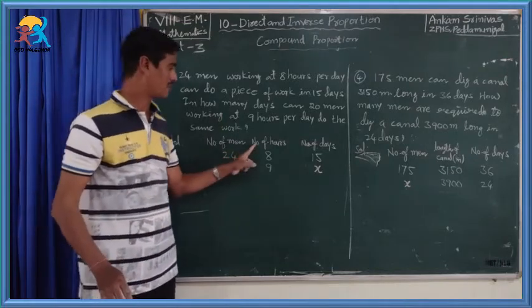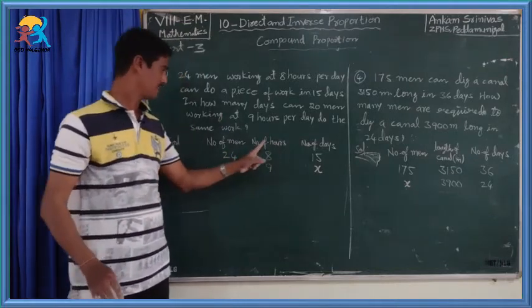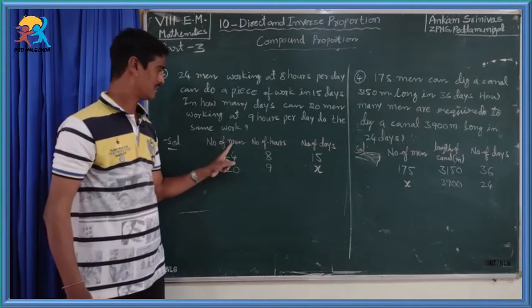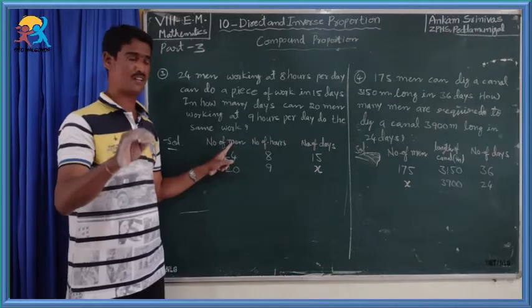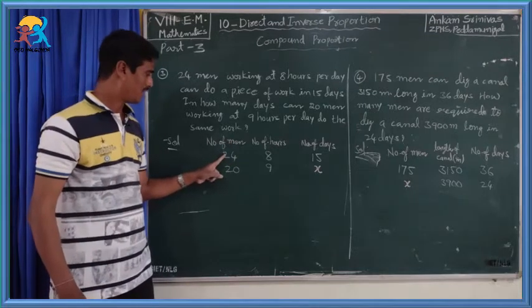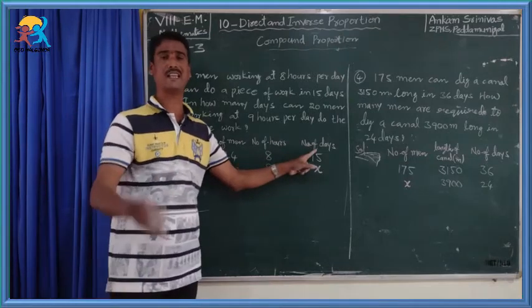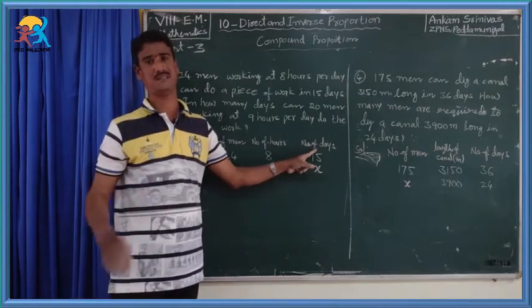If you take the number of hours per day as constant and take the number of men, then to complete a piece of work, if the number of men is less, the number of days will be raised, that means more.